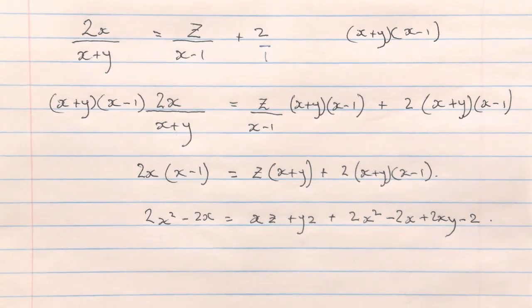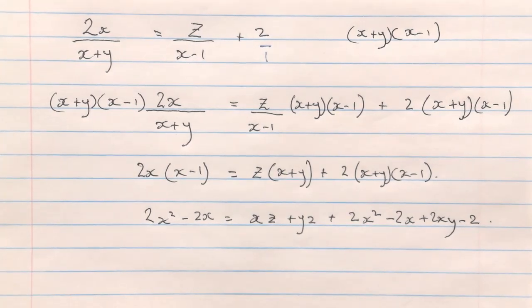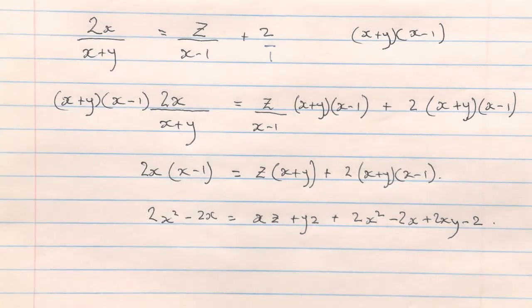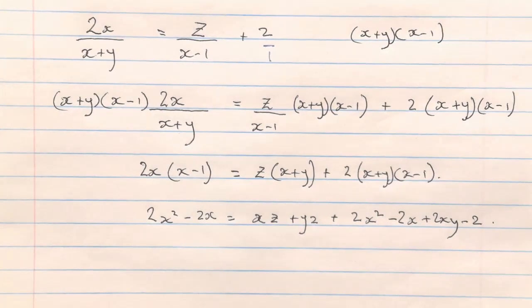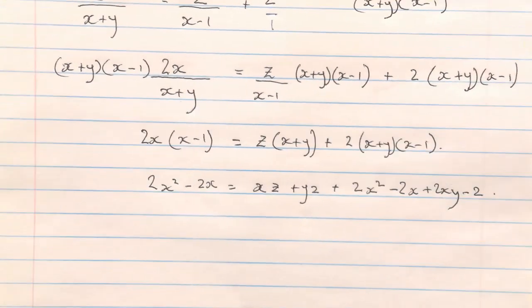Okay, now pardon me, they want us in the end to be left with x equals something. Whoa, how do we do this now? We say it is complicated. We say no, I'm leaving this here.